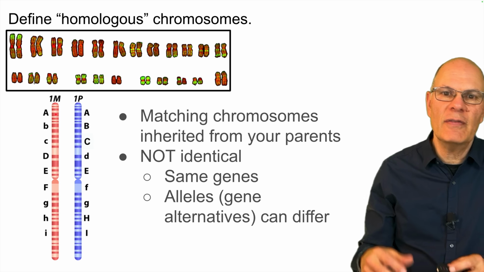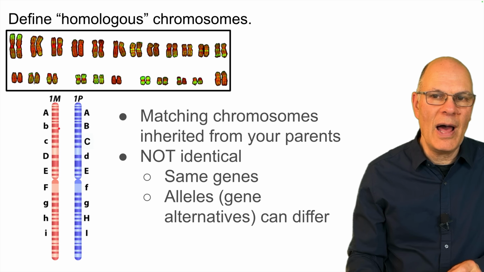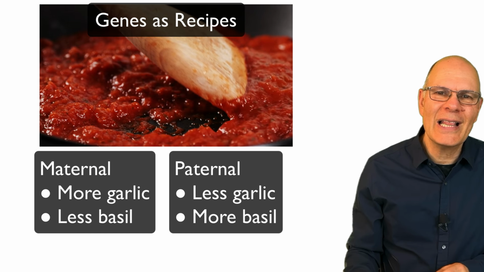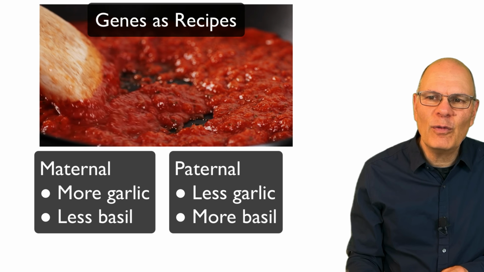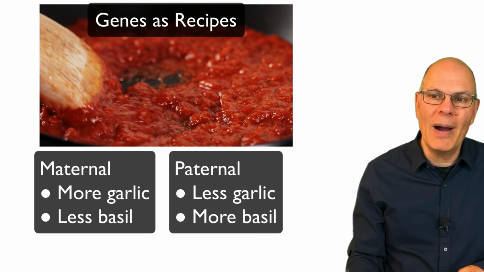Let's use the analogy of a gene as a recipe. Well, the one that you inherited from your mom, if that were a recipe for tomato sauce, maybe that one has a lot more garlic, and the one that you inherited from your dad might have a lot more basil in it. Well, let's now think more biologically.